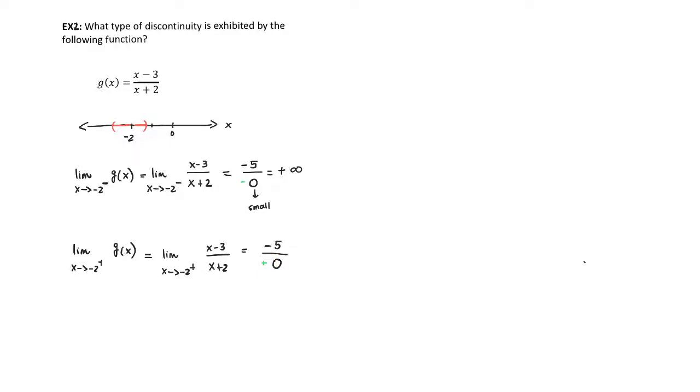So negative 5 over something very small and positive will be negative infinity. So that's going to be over here, negative infinity.